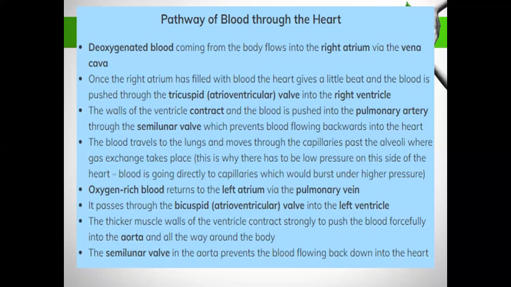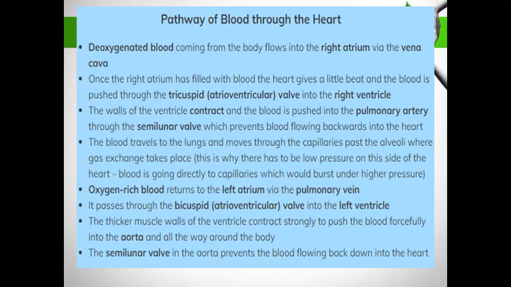From the aorta, the oxygenated blood is transported to different parts of the body. The body cells get oxygenated blood, and this oxygen reacts with glucose and makes energy by cellular respiration. As a result, CO2 is made, and this CO2 again becomes part of the blood, and that blood is collected by the vena cava. So this circulation is going on.